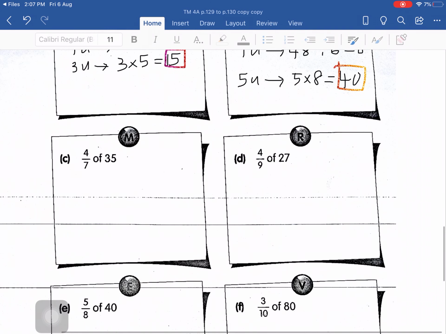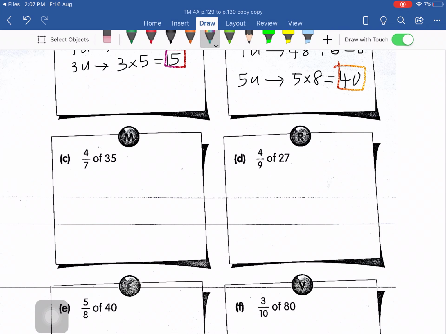Let's look at question C. 4/7 of 35. 35 represents 7 units. 35 is split equally into 7 groups. So to find the items in one group, which is 1 unit, we split 35 equally into 7 groups.